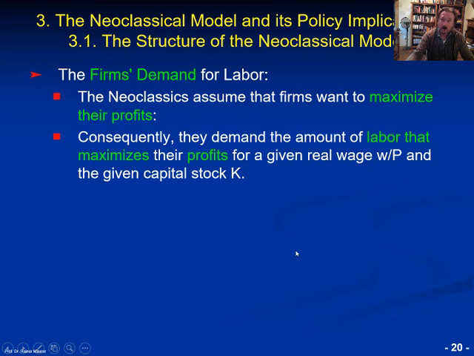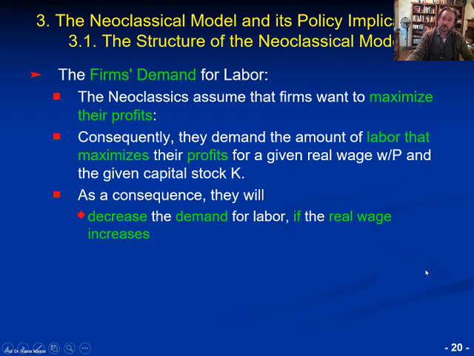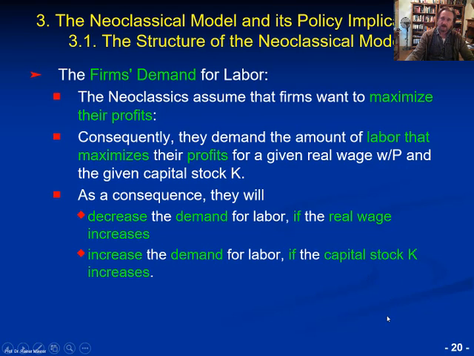Consequently, they demand an amount of labor that maximizes their profits for a given real wage rate and the given capital stock K. As a consequence, they will decrease the demand for labor if the real wage rate increases, and they will increase the demand for labor if the capital stock increases.